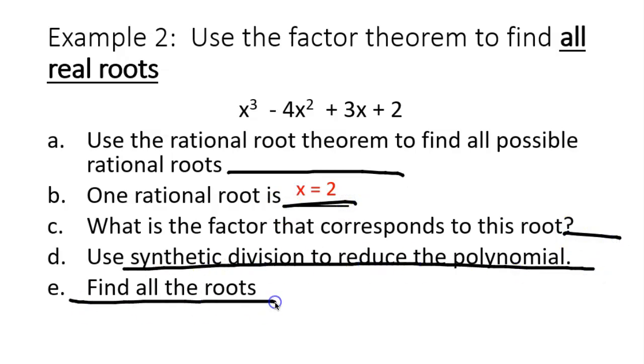But when you get to your last step, you're going to have a quadratic equation there, and that quadratic is not going to factor. And so you're going to have to use the quadratic formula to find the roots for that particular expression. Okay? So that's an example of one way you could find a non-rational root, and that's just using the quadratic formula.